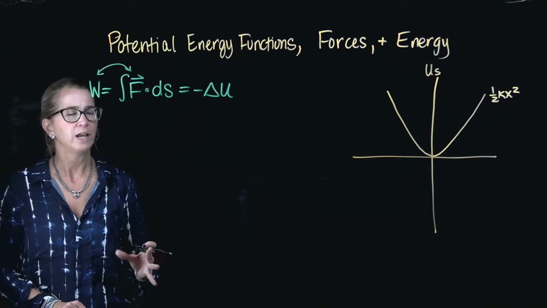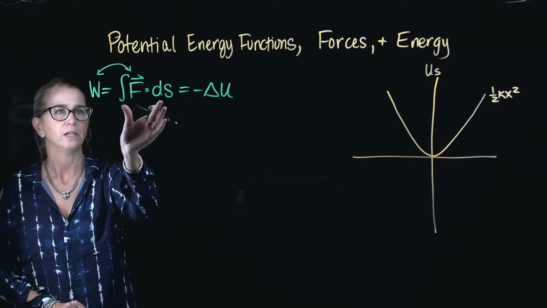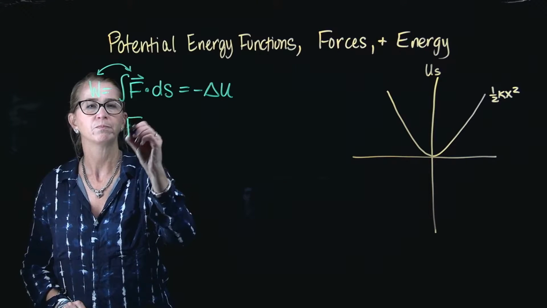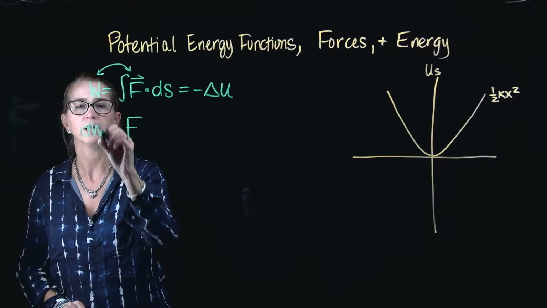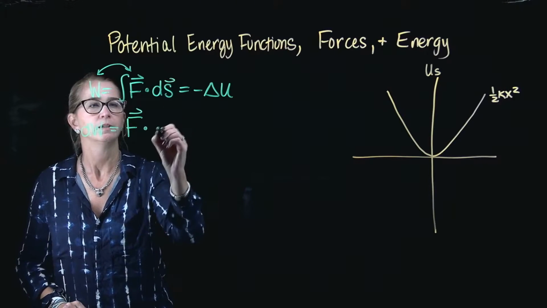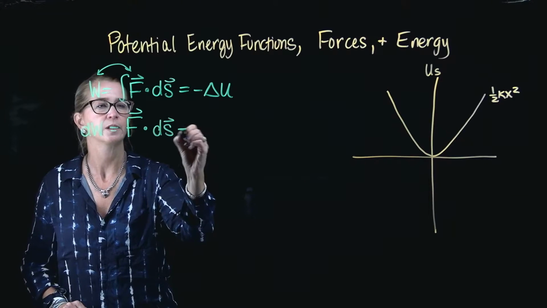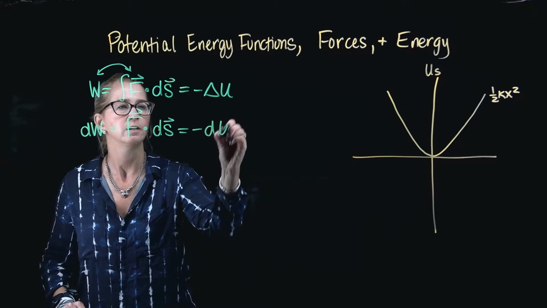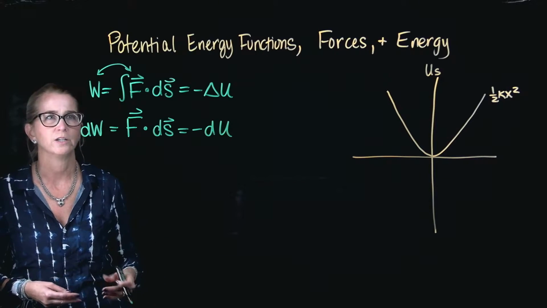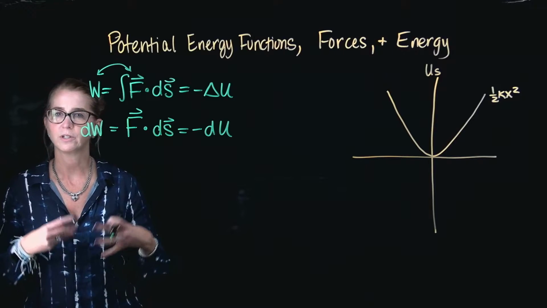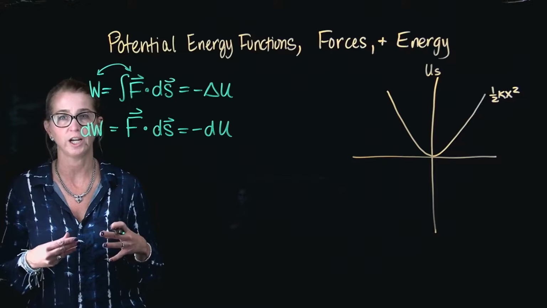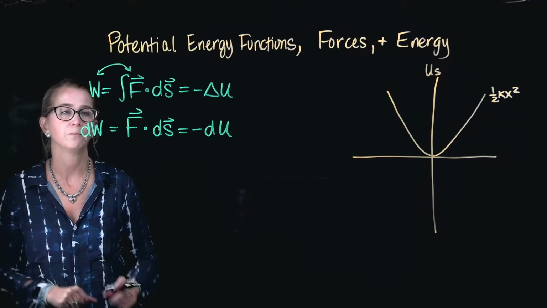So if we take away the integral form, what this would look like would be a little bit of work, the increment of work dW would be equal to F dotted with ds, and that would be equal to minus dU. So all we've done is we've taken away the integral, and so instead of finding the total amount of work or potential energy change, we're just finding the increment of it.